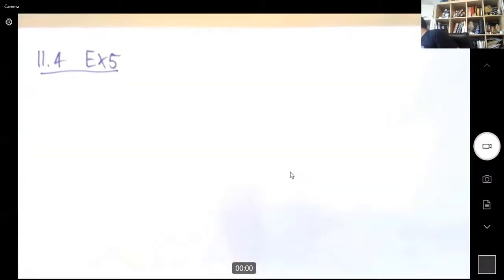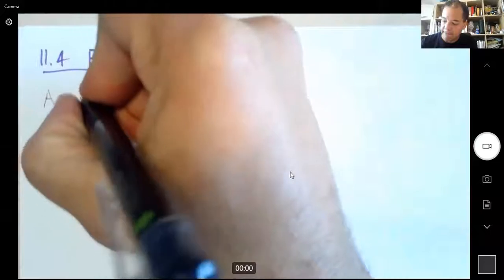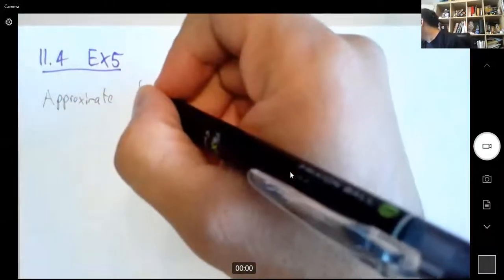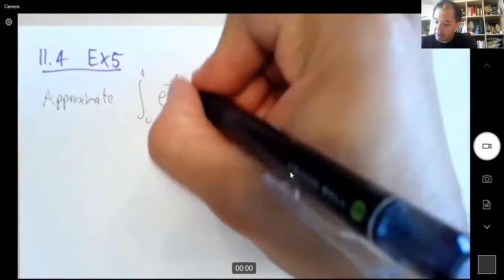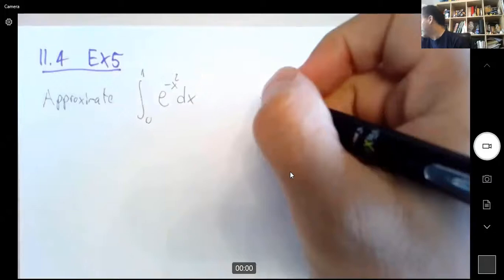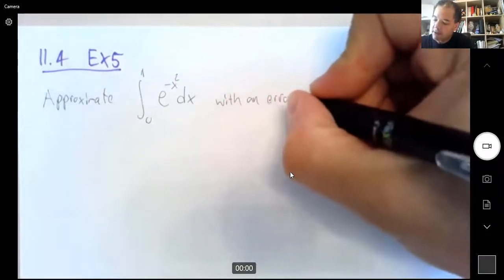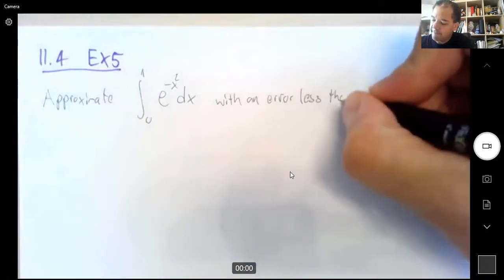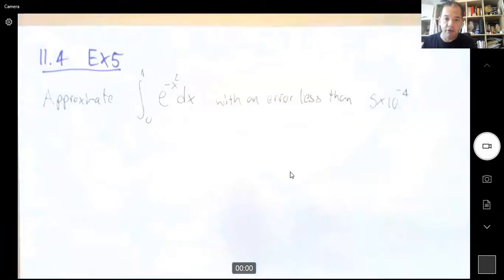Approximate the value of the integral, a definite integral from 0 to 1 of e to the negative x squared dx, with an error less than 5 times 10 to the negative 4.